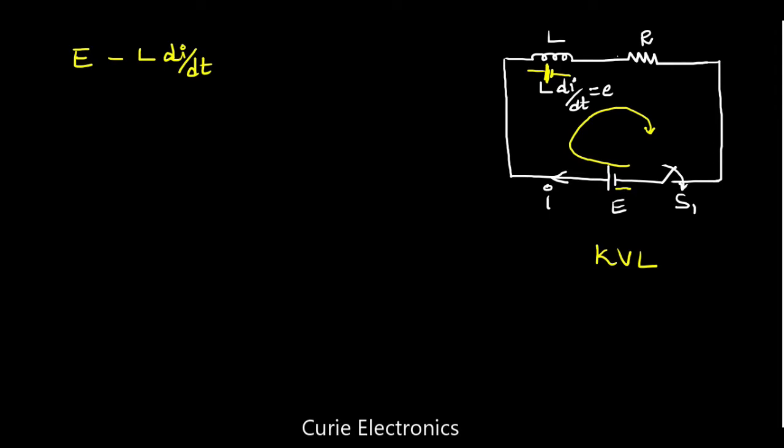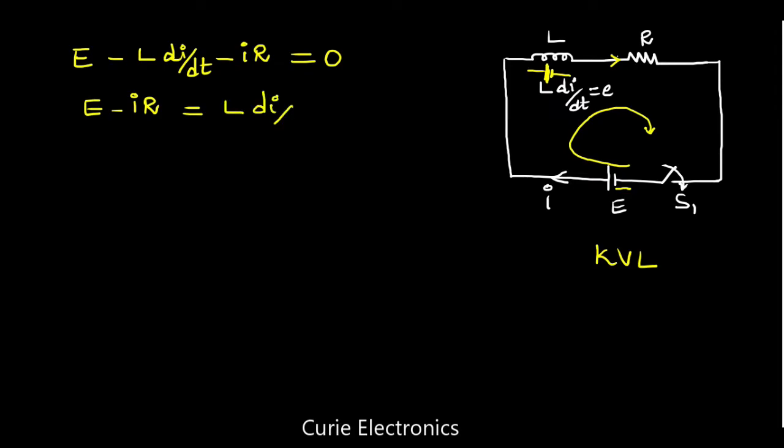Again, for the current to flow through a resistor, there is a potential drop, so it is IR. As per KVL, this has to be 0. Now once you simplify this, you will get the equation. We put E minus IR on the left side itself and take L di by dt to the right.